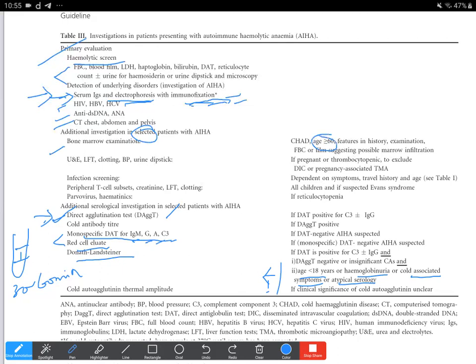So any sort of lymphoma and malignancy, and primary cases of autoimmune disease presenting in elderly patients need to be ruled out. Then we also need to have a urine profile for urine electrolytes and LFTs, clotting, and urine dipstick measurement also needs to be done.